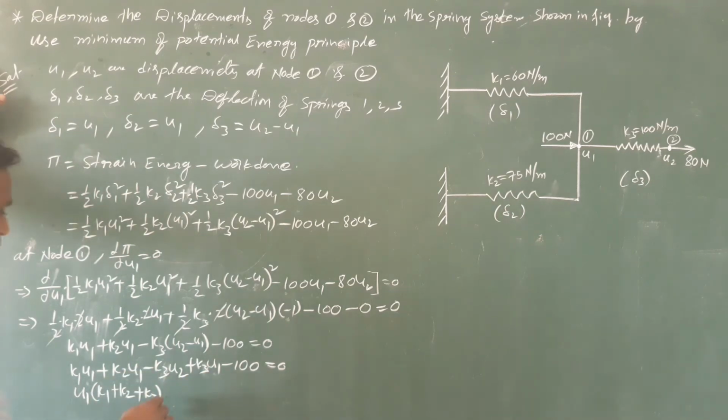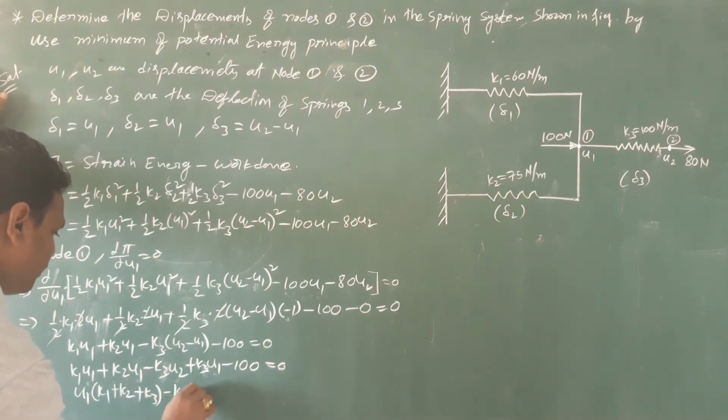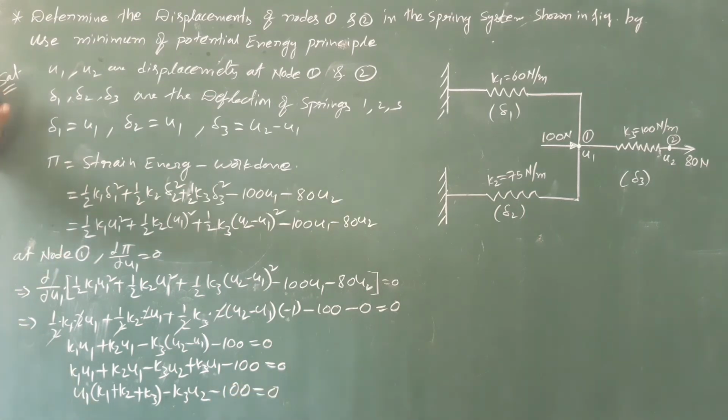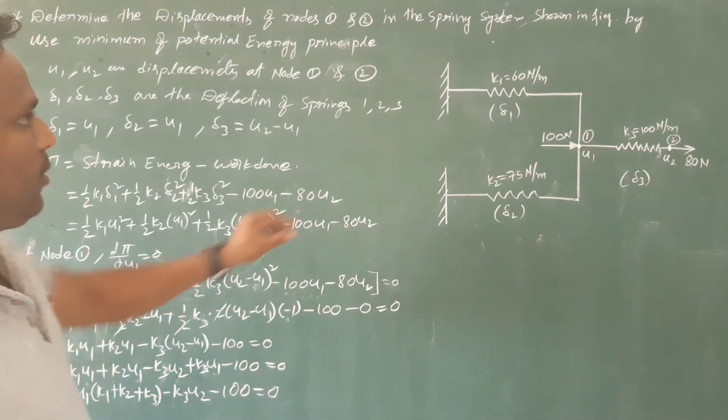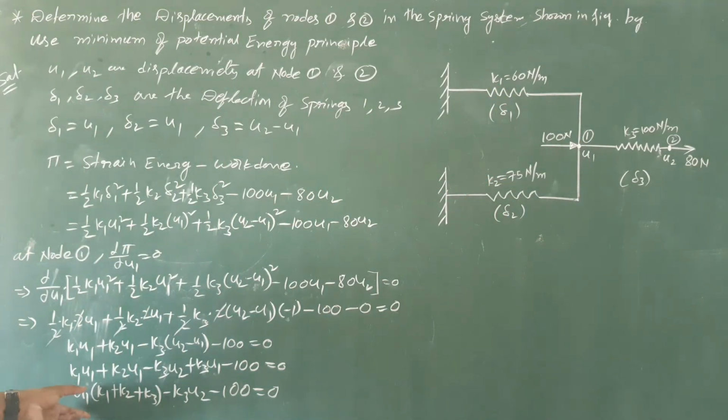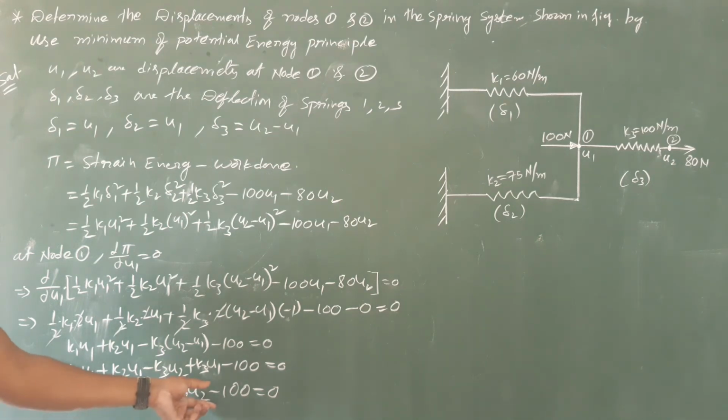Here only one u2 is there, minus k3 u2 minus 100 is equal to 0. Substitute all those values, we know the k1 value, k2 value and k3 value. Then we will get one equation.